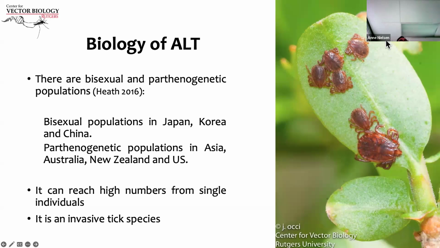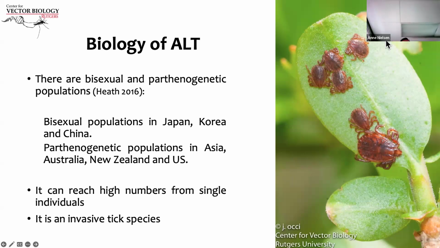And in mites, in fact, you find bisexual populations or populations that can reproduce sexually and asexually at the same time. The bisexual populations are in Asia, but the parthenogenetic populations, which are the invasive populations, are present also in Australia, New Zealand, and now in the United States.